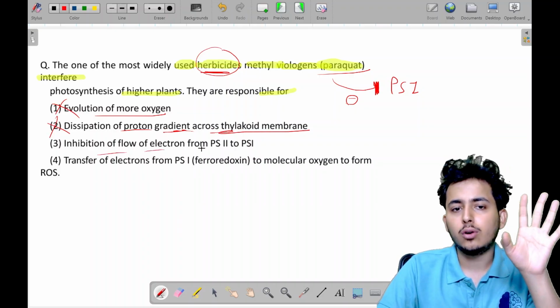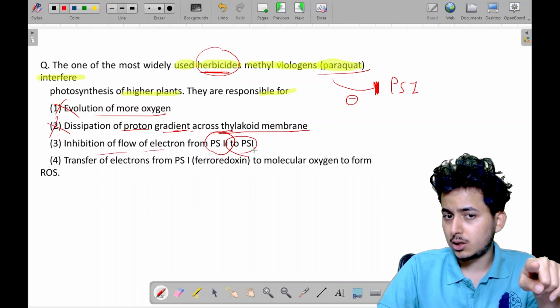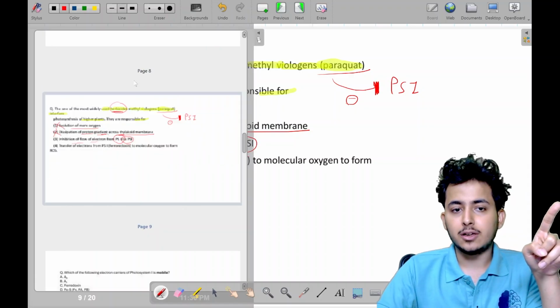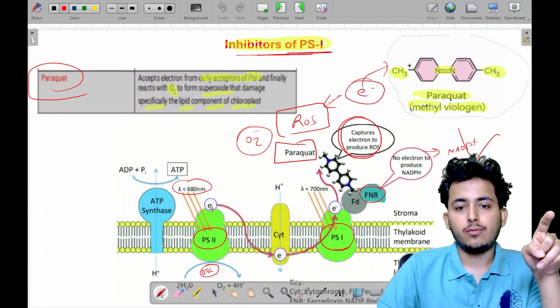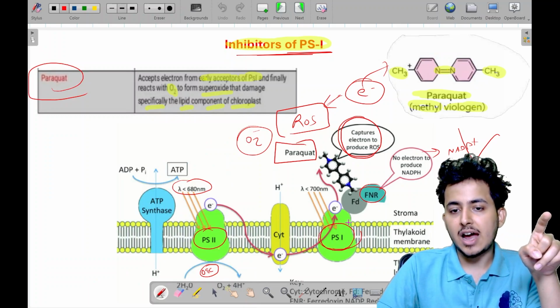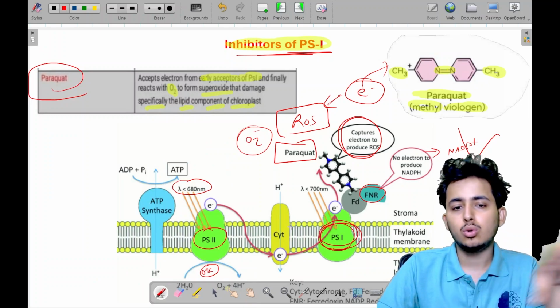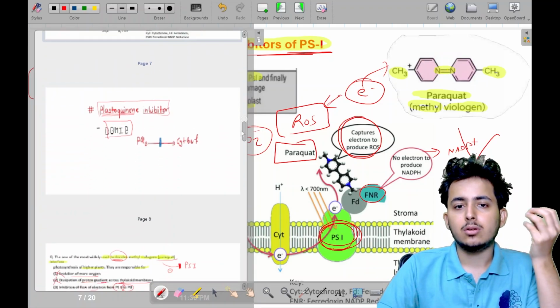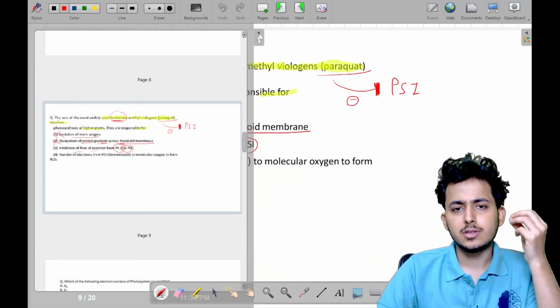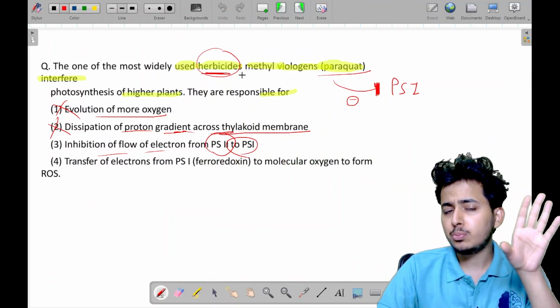Inhibition of flow of electrons from PS2 to PS1: as I told you in this diagram, the electron flow happens, and as soon as it reaches PS1 there is no problem in reaching PS1.